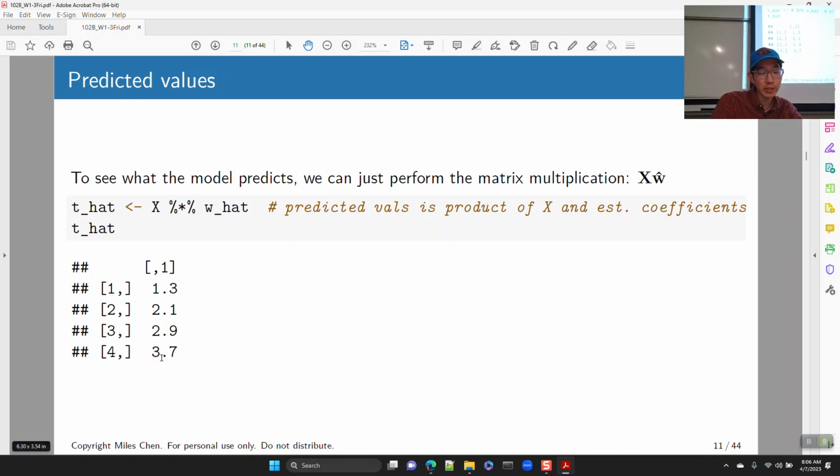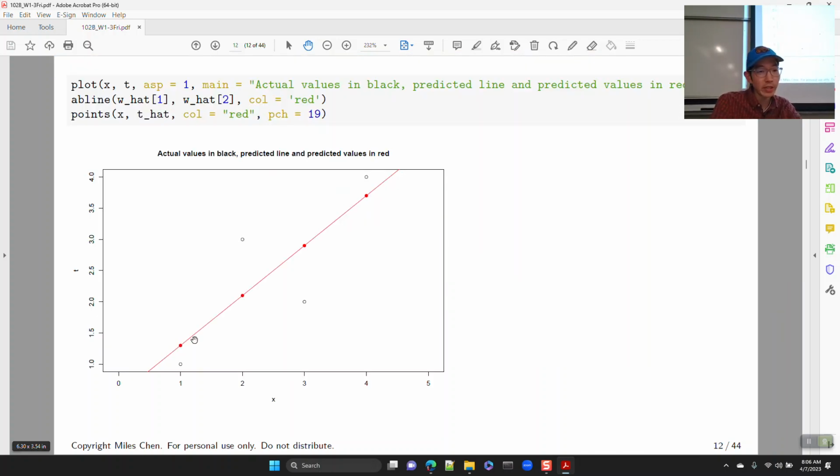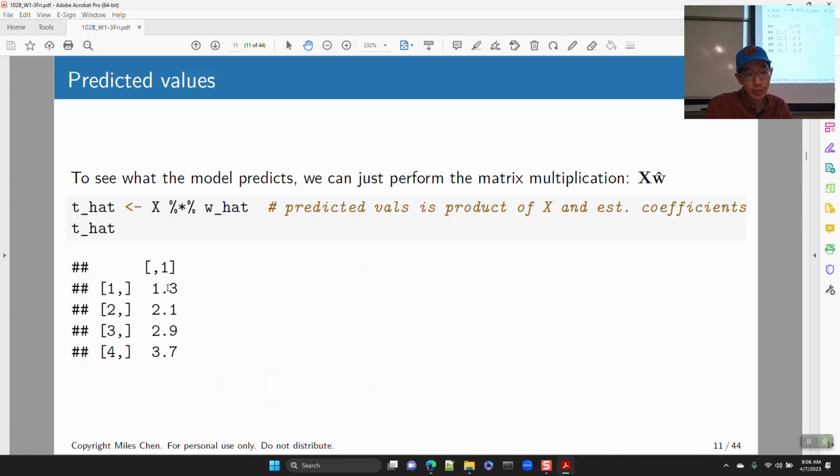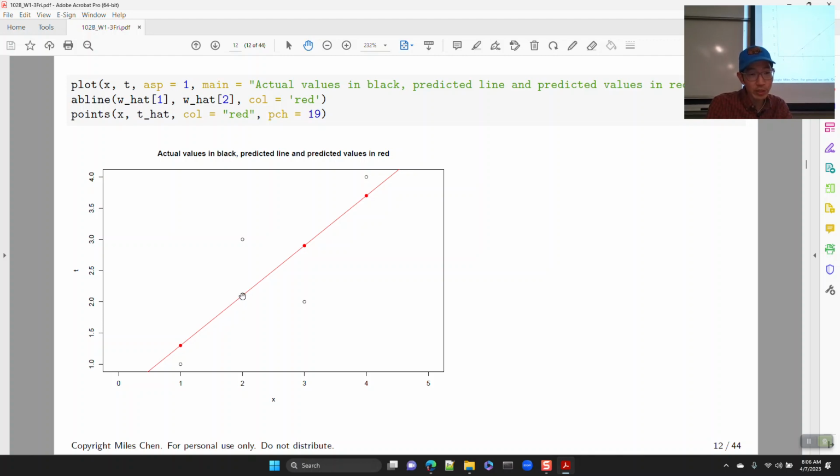And I can plot the T hat values, and that is what these red dots are. So we could see, the first observation we predict 1.3, the next observation is 2.1, this observation is 2.9, and this one's 3.7. So we can see these are our predicted values, and we have residuals and whatnot.